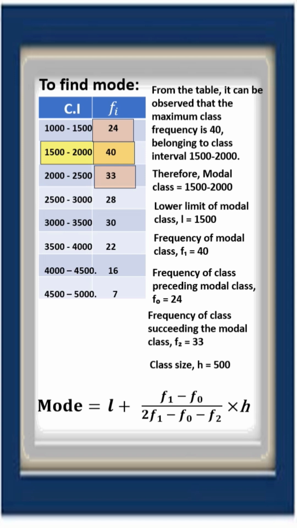So now let us substitute the values. L is 1500, F1 is 40, F0 is 24, F2 is 33, and h is 500.